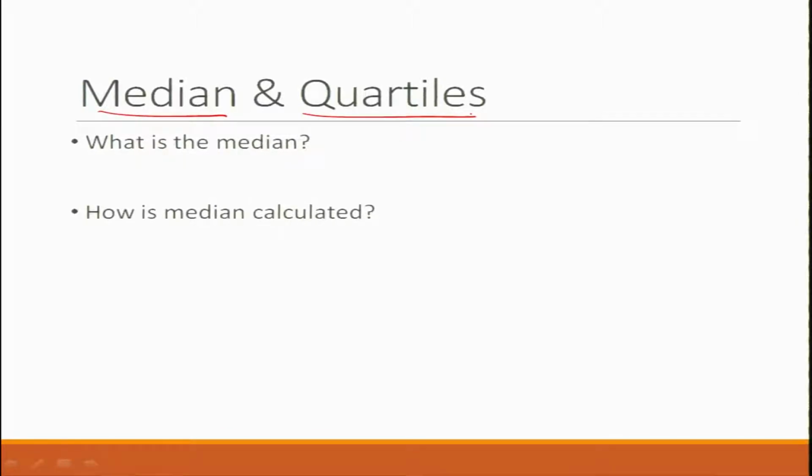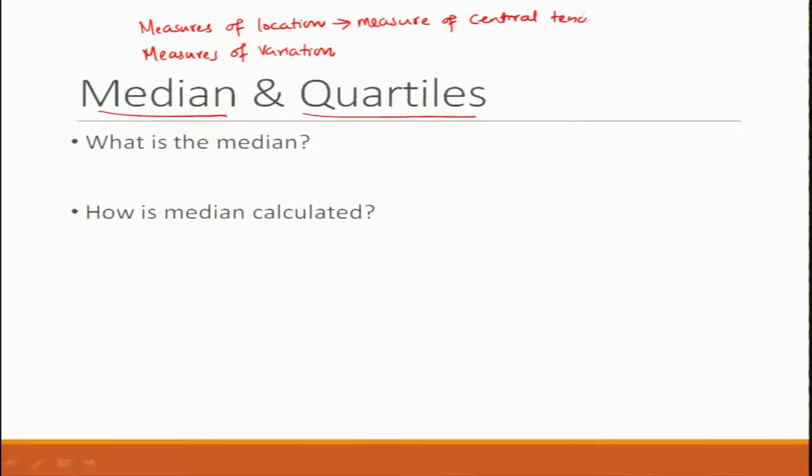So, we all know that there are multiple ways to measure: there are measures of location and measures of variation. We already discussed this earlier, but location is, for example, a measure of central tendency, which means where is the center of the data located.